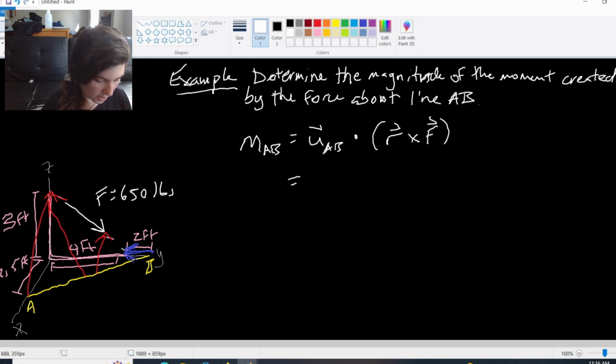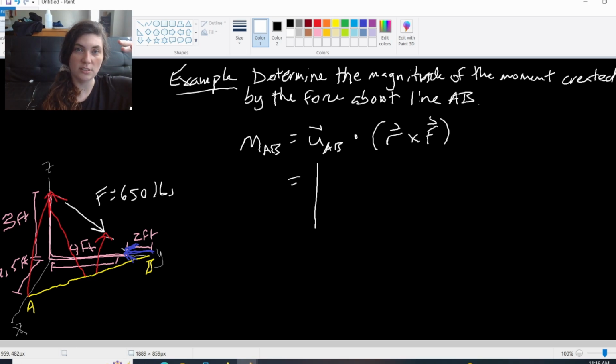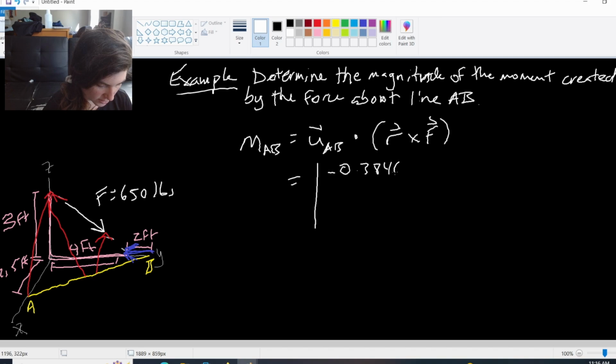And we said the shortcut for this was the unit vector on top, then the position vector, then the force vector. So our unit vector was -0.3846 in the x component, positive 0.923 in the y component, and then no z component.